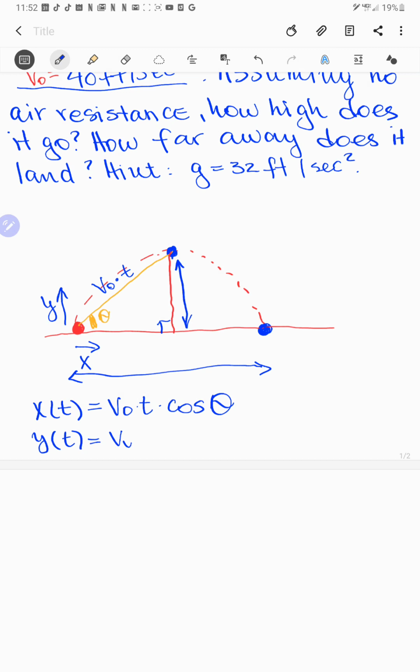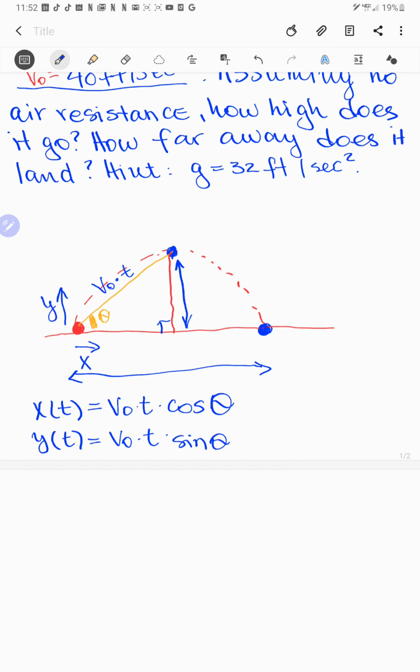It will be v naught times t times sine of theta. So basically, again, look at the triangles. The one that is across from the angle corresponds to the sine, which is for the height, and the one that's adjacent corresponds to the cosine, and that is for the x direction.